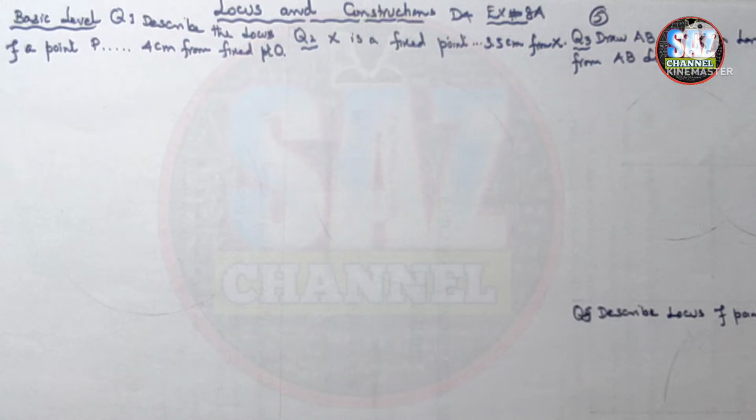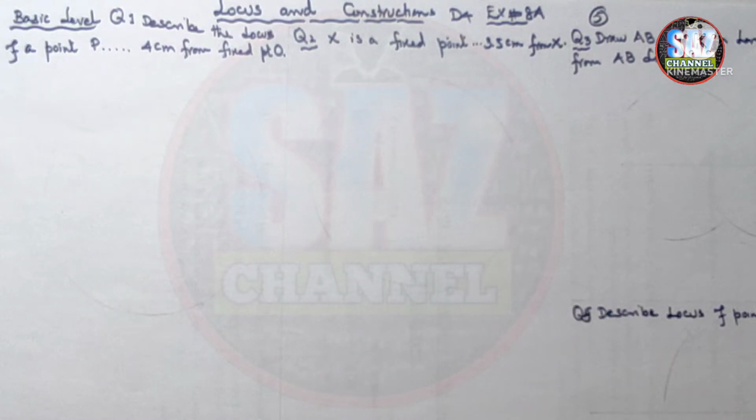What you need to construct is that you have to read the question carefully and see the part of the question that says construct the locus that is always 4 centimeter from one fixed point O in the plane. This is the indication, and this part will be telling us what locus we have to construct.